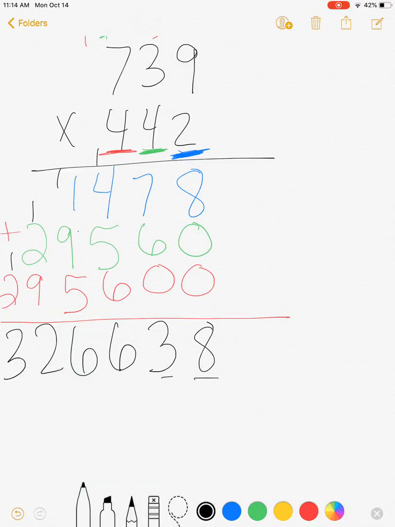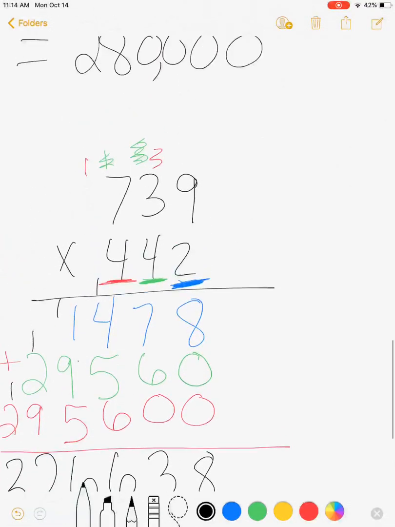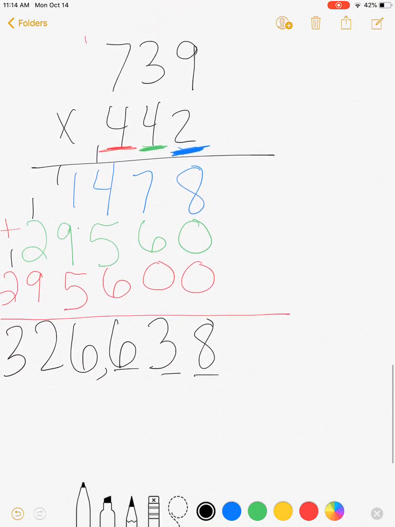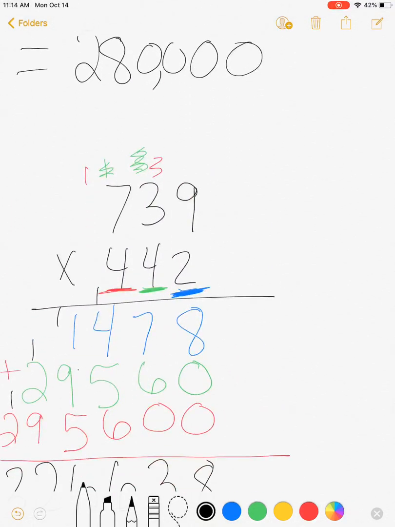There we go. 1, 2, 3, comma. Now 326,638 isn't in the 200,000s, but it's still in the 100,000s range, so it is still reasonable. Now, if we had 3 million, would it be reasonable? No.